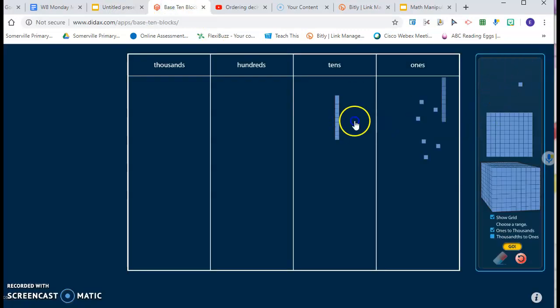I need to put 5 longs in. If we counted by tens, we would have 5, and we know that the 5 is representing 50. So if we count by tens, 10, 20, 30, 40, and 50. So we know that the 5 tens equals 50.